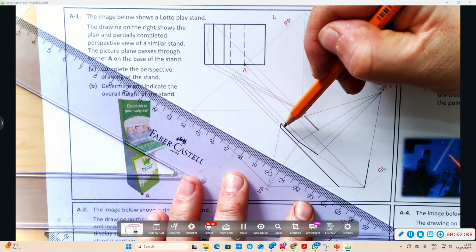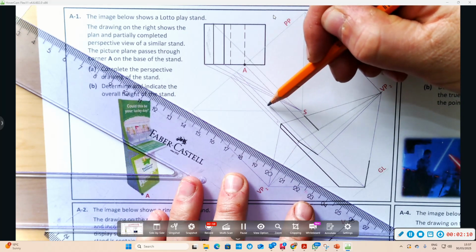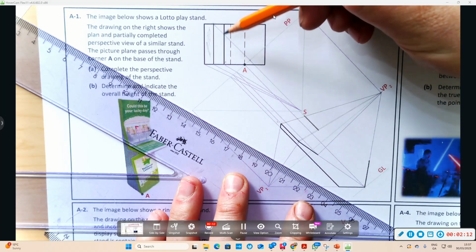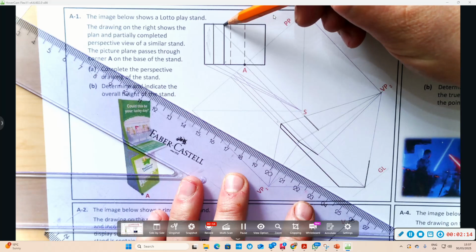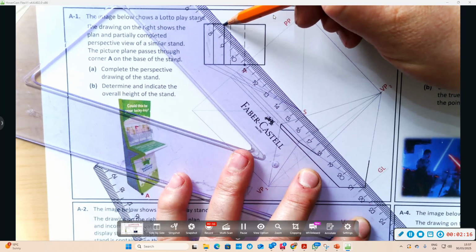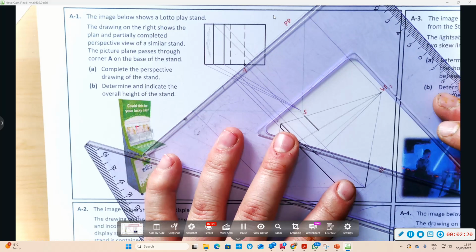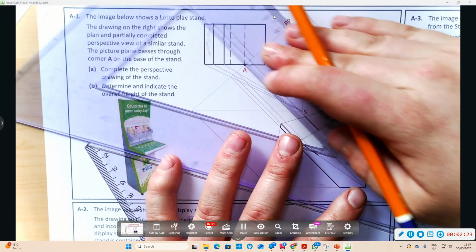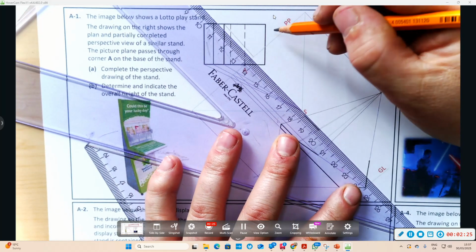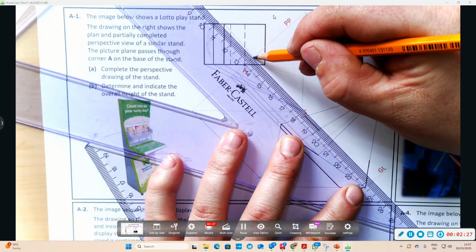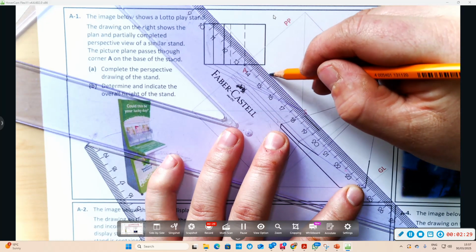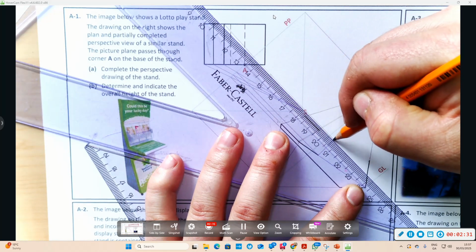Now, if we bring this back to plan, we can see the line used. So we're going to get the opposite end of that and join it to the spectator, where it hits the picture plane. We're going to bring that back down perpendicular to the picture plane, and now we have this here.